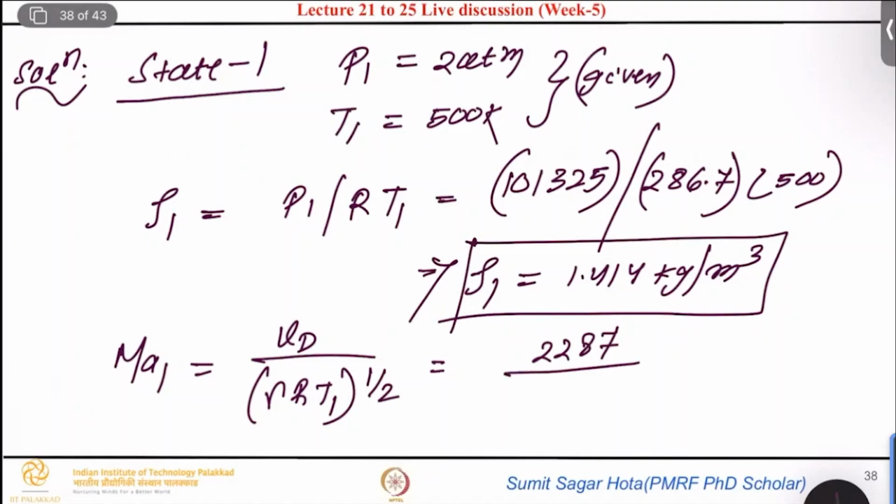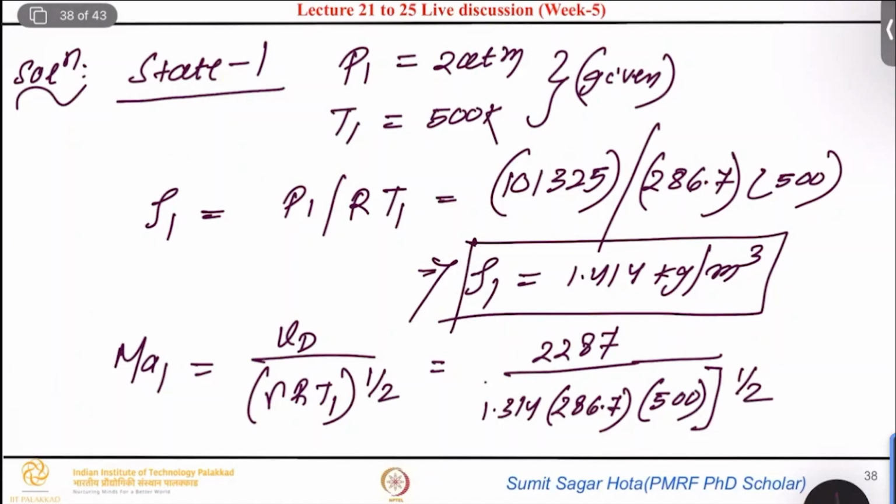That is 2287 divided by 1.314 times 286.7 times 500, to the power 1 by 2. This value comes out to be 5.27.